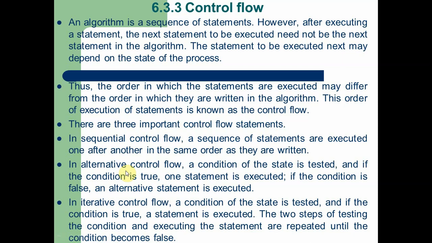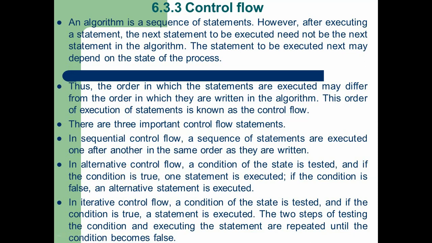In alternative control flow, depending upon some condition, a group or a single statement may be skipped and the alternative statement may execute. It depends upon the condition. Third is iterative control flow, where a group or a single statement may execute more than one time. So these are the three types of control flow: sequential, alternative and iterative.